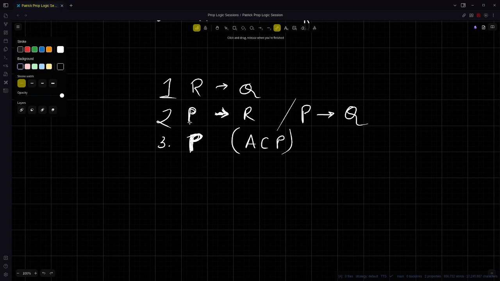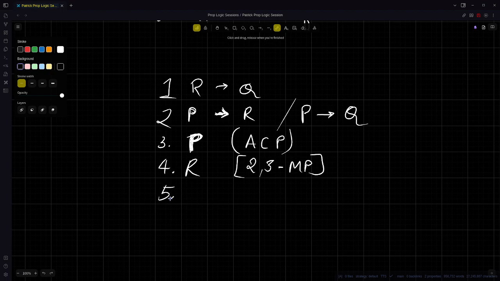Now you can see that this is modus ponens. So then R will be the next line, using modus ponens on 2 and 3. Now what's the next step?